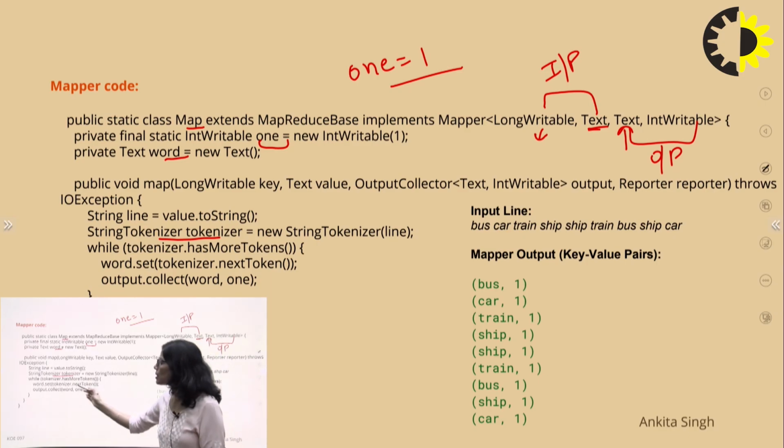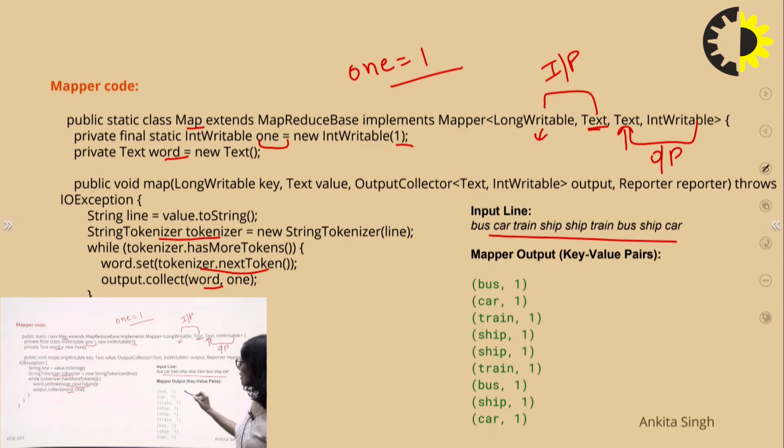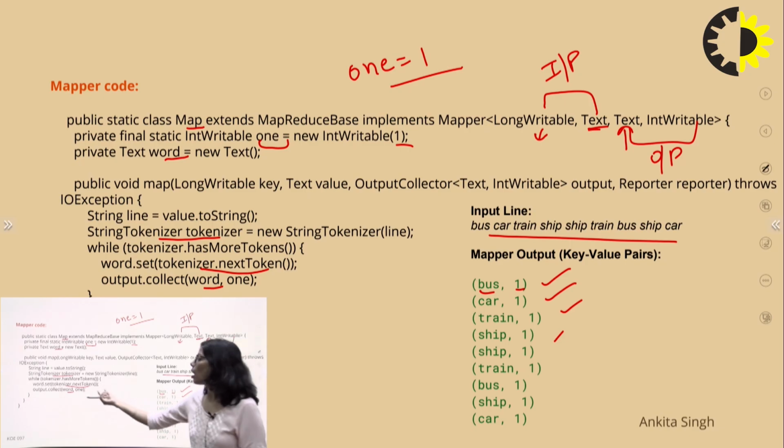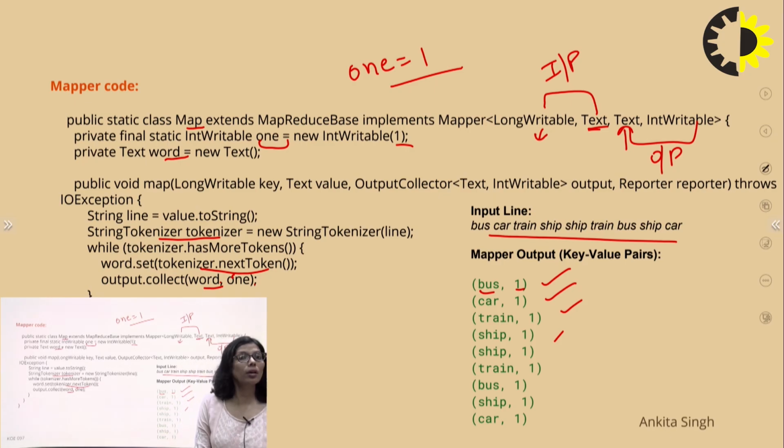For each word extracted, I am assigning a frequency of 1. So if my line is this, I will assign a frequency of 1 to each of these. I extract text from the StringTokenizer, and then assign the word, that is bus, and frequency, that is 1. That is your mapper code.